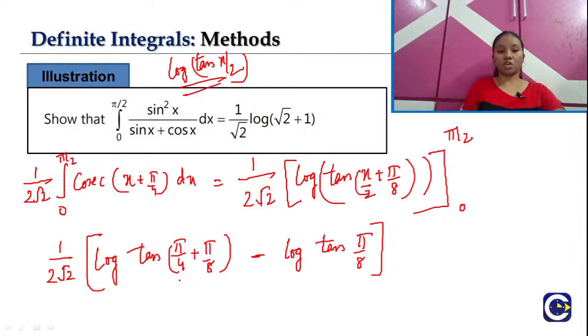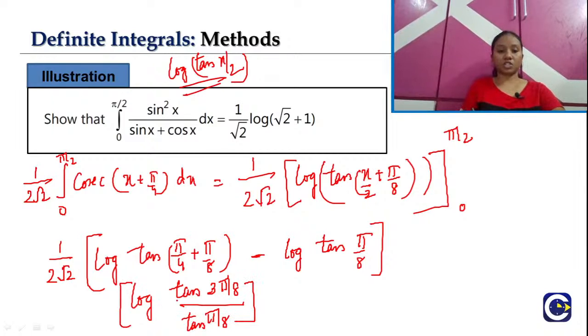So I can take log to be common and I can rewrite this term as tan of pi by 4 plus pi by 8, which will be 3 pi by 8, so tan 3 pi by 8 divided by tan pi by 8. One more simplification step. And 1 by 2 root 2 is common.